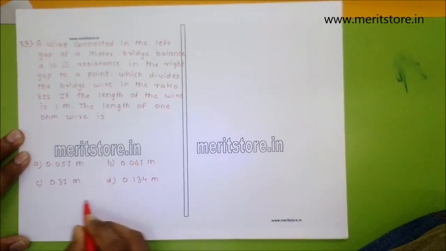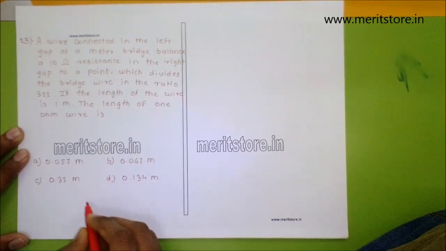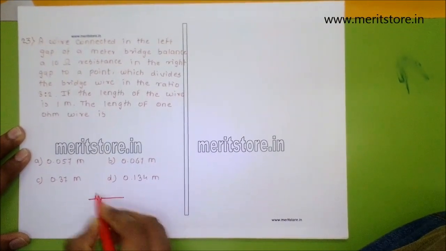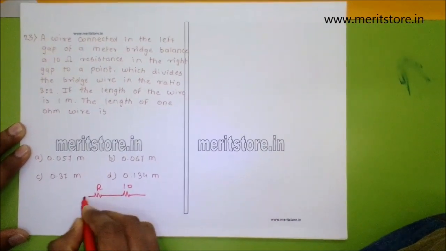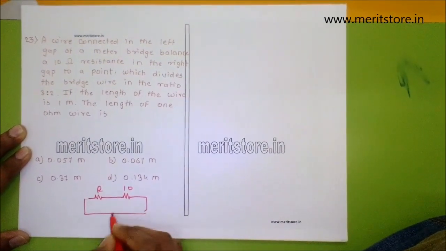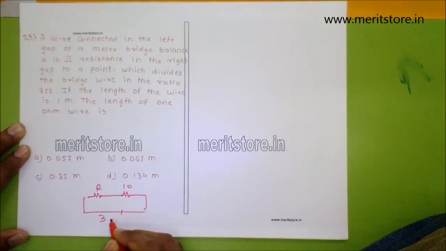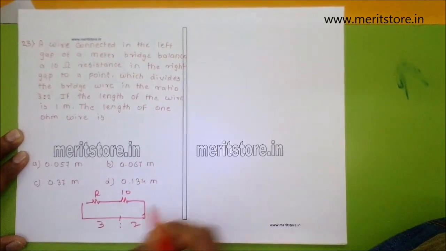Let us draw Wheatstone's meter bridge. This is the value R. This is the 10 ohm resistance, and this is a meter wire which is divided in the ratio 3:2 for the balancing point.